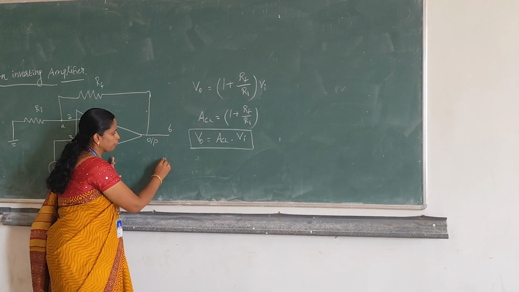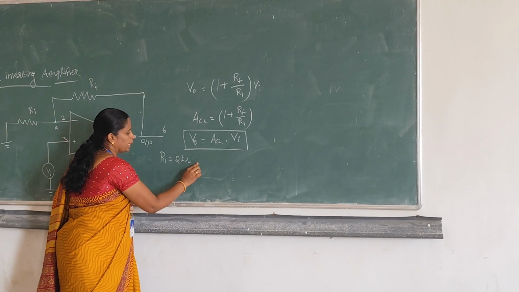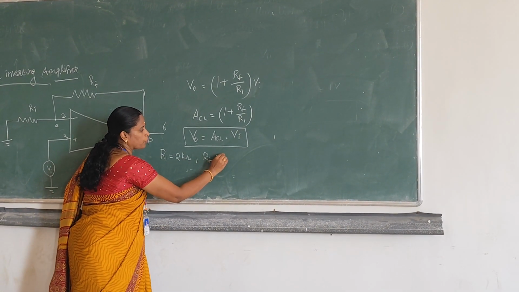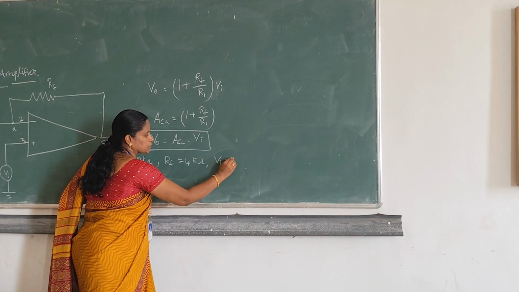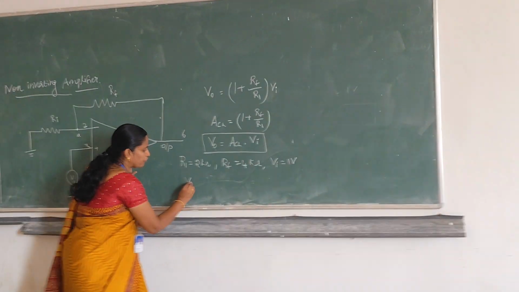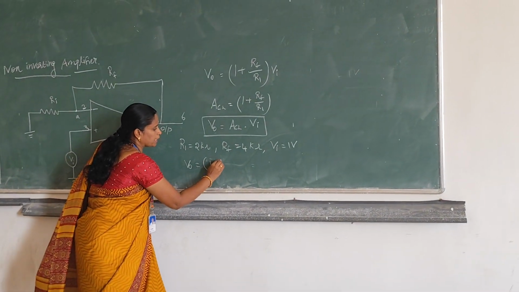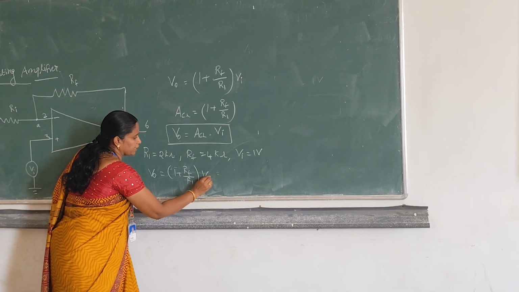Let us assume R1 as 2 kilo ohm and Rf as 4 kilo ohm, and input voltage Vi as 1 volt. V0 equals 1 plus Rf by R1 into Vi.